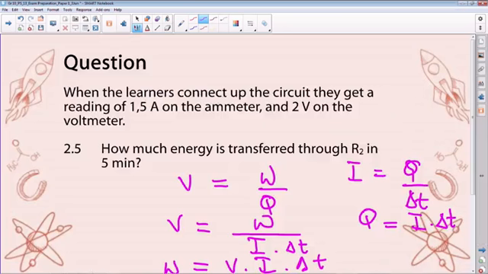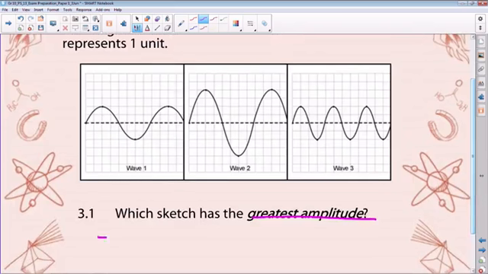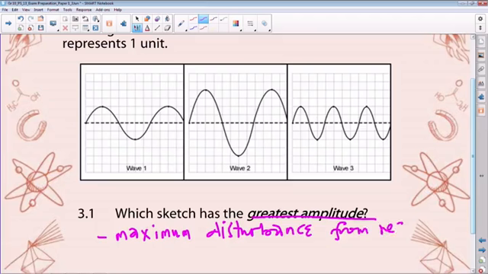Very important. Amplitude is the maximum disturbance from rest position. The distance of maximum disturbance from rest position. Right, so it could be from rest position to crest, rest position to top.